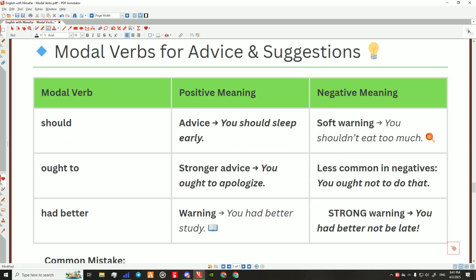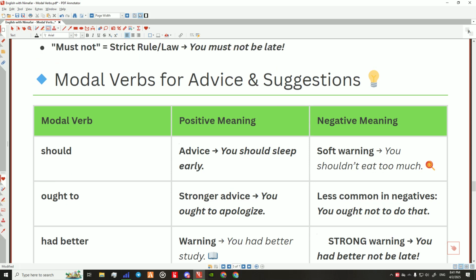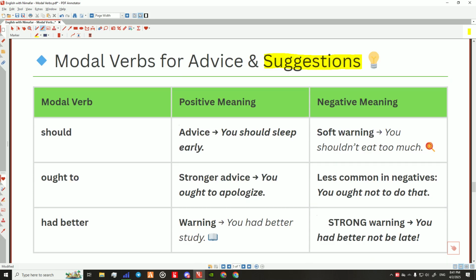And for advice and suggestions, you can pronounce this word in two ways. Suggestions with two J's is universal, and suggestions with one J is American. Anyway, advice and suggestions.